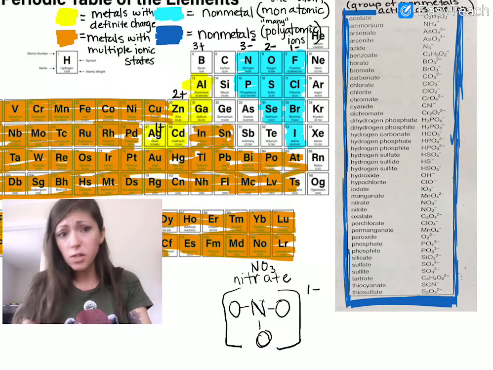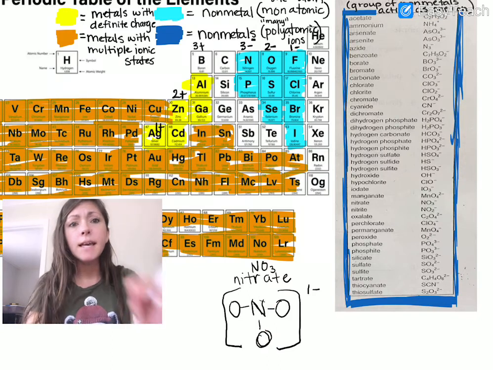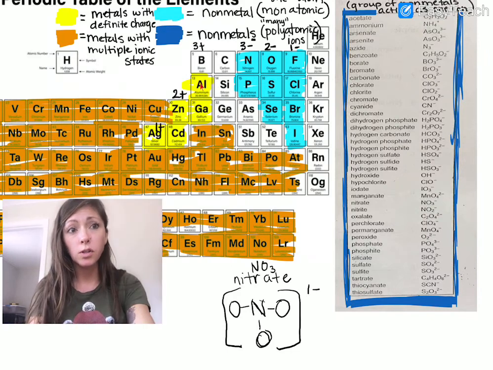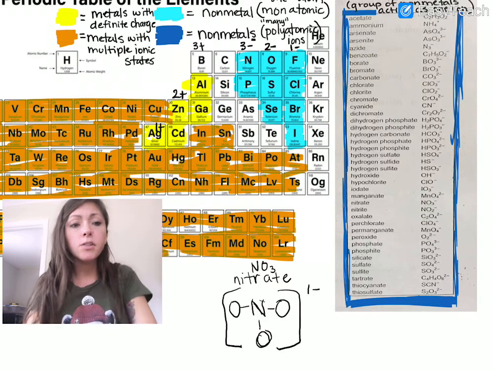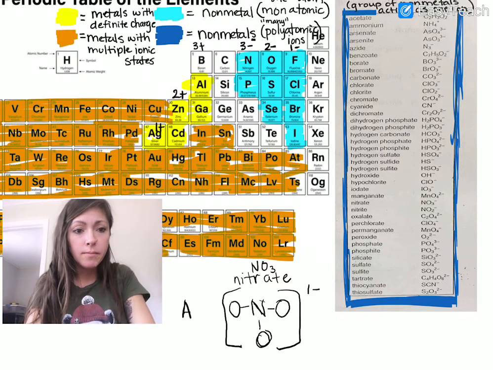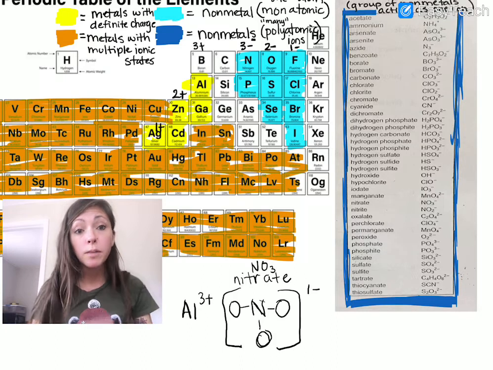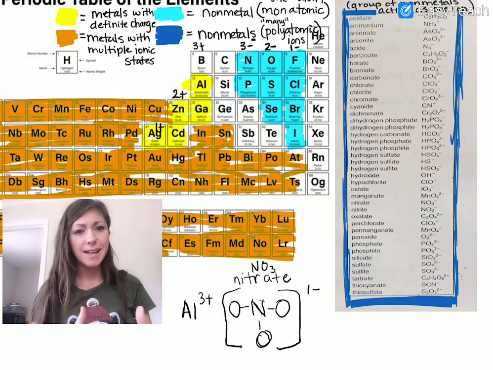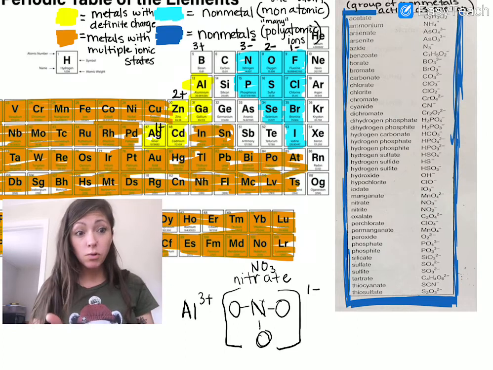So let's give them another electron. Let's say that they bond with one of the metals that has a definite charge. I'm going to use aluminum since it's right here. Aluminum has a 3 positive charge, so aluminum has to lose 3 valence electrons in order to become chemically stable. This is the same sort of thing we're seeing.